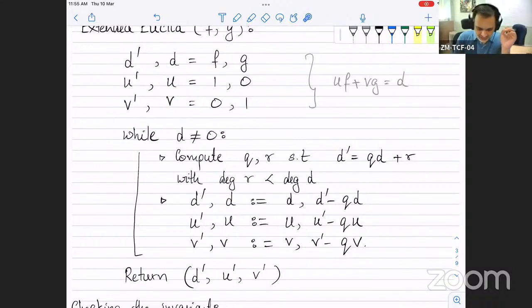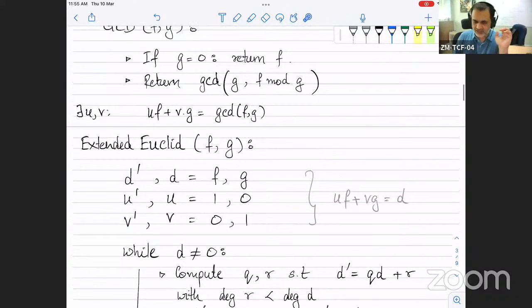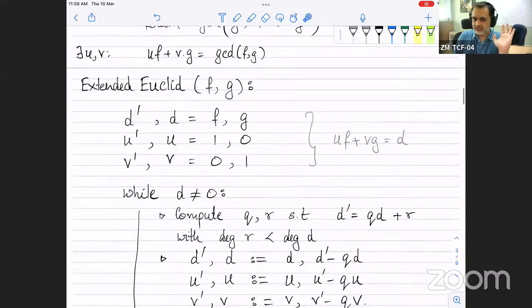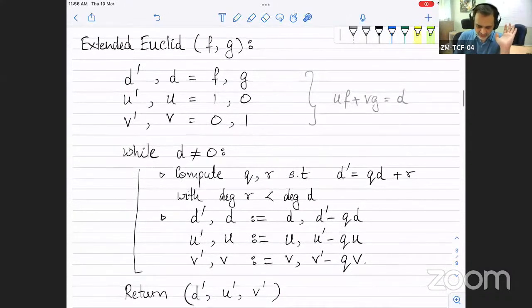If you forget about what happens to u and v, if you just ignore these lines and look at this algorithm, it's exactly the previous GCD algorithm. You start off with d prime and d, and then the mod business. So you're basically doing the GCD computation, except you're also updating u and v appropriately. That's all that this particular thing is doing.